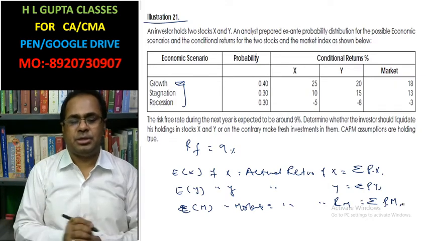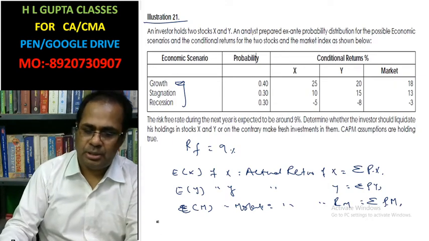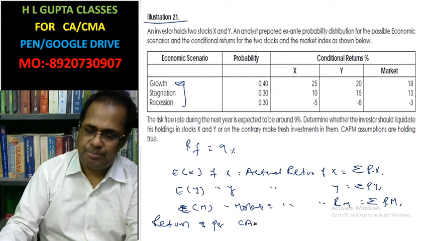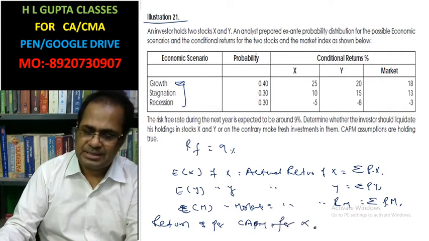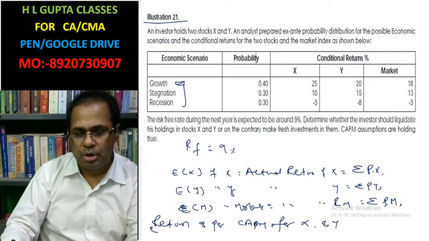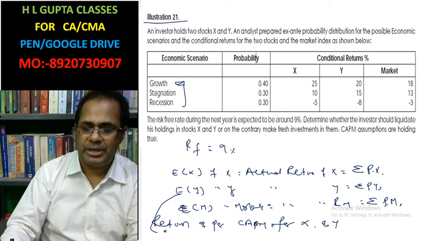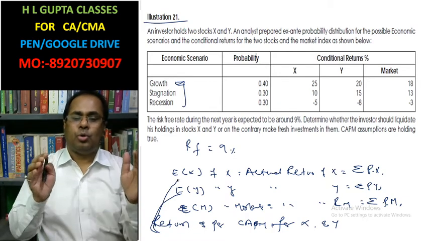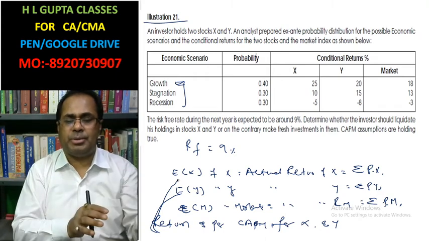After this, you have to calculate the return as per CAPM for X and Y, and this return you have to compare with the expected return of X and the expected return of Y, and see whether it is undervaluation or overvaluation.